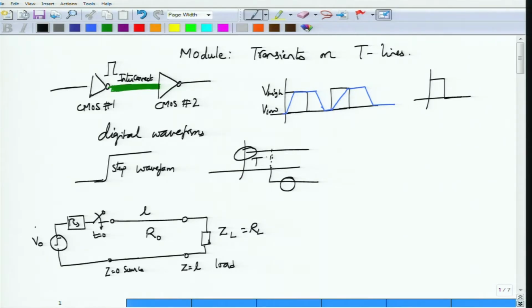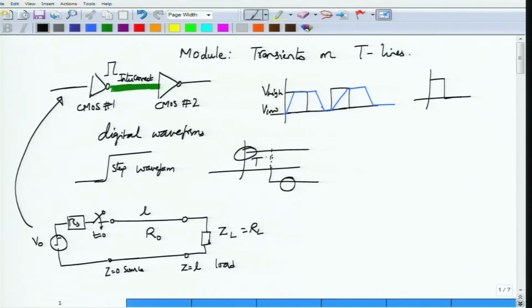This is exactly what we have discussed earlier, but now I have replaced this CMOS driver by a voltage source and its internal impedance Rs, and I have replaced this load CMOS gate by this load RL. The interconnect is represented by a lossless transmission line having a characteristic impedance of R0. Okay, so this is our prototype circuit for analysis of transients on the transmission line.